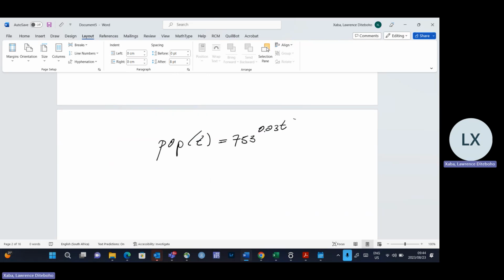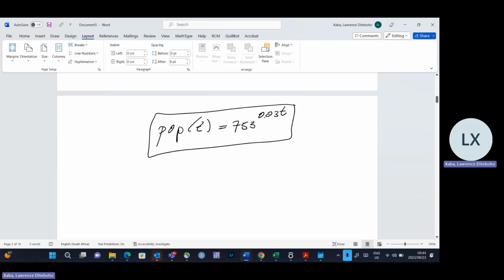Okay, I'll try to explain again this function. This is a given function. And if you remember, we are saying from this function, t represents time.